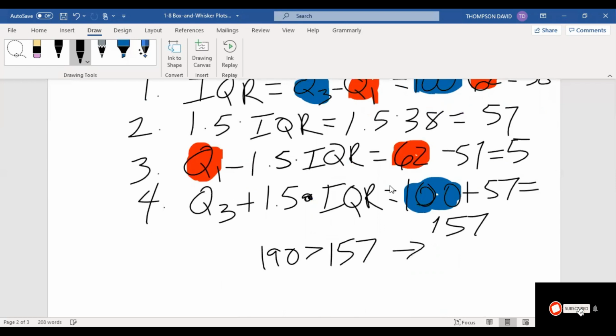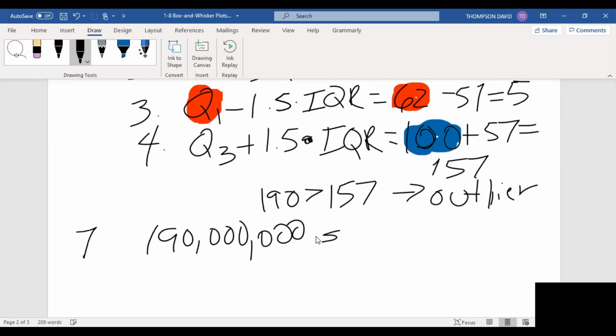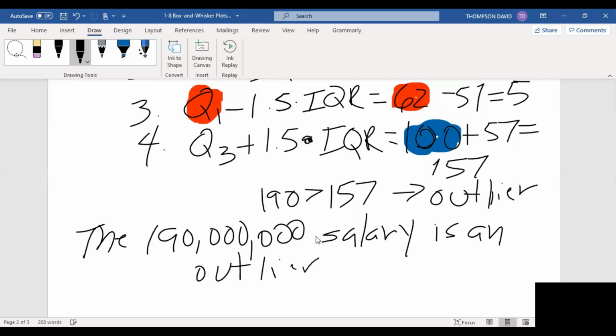So that gives me an outlier. So whoever's making $190 million per year is an outlier. So the $190 million salary is an outlier. And we're done with the outliers.